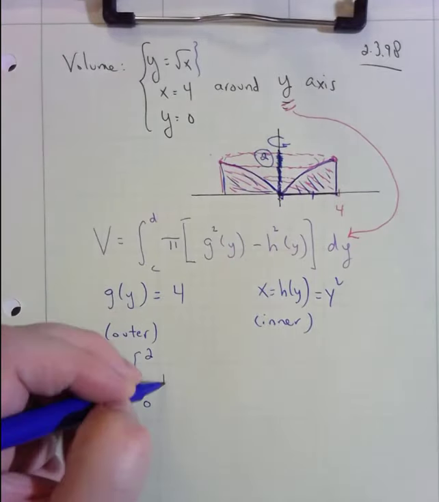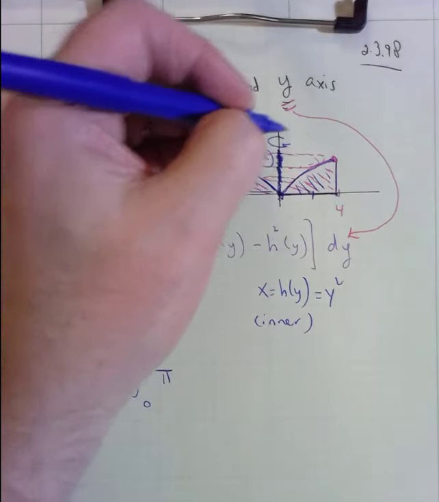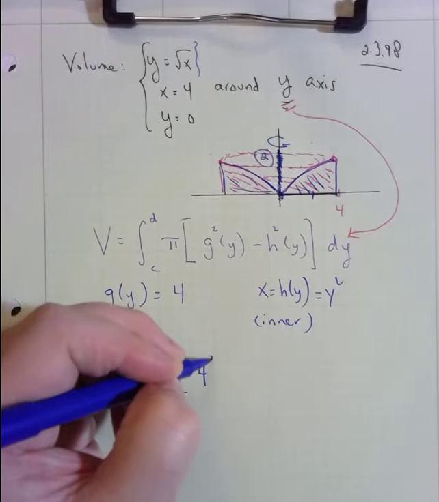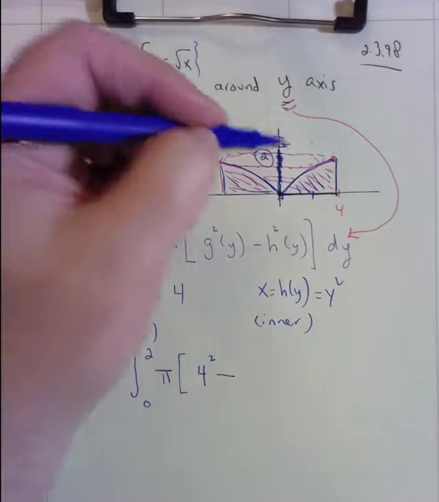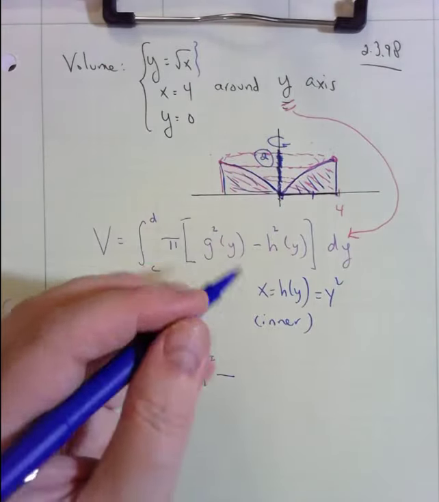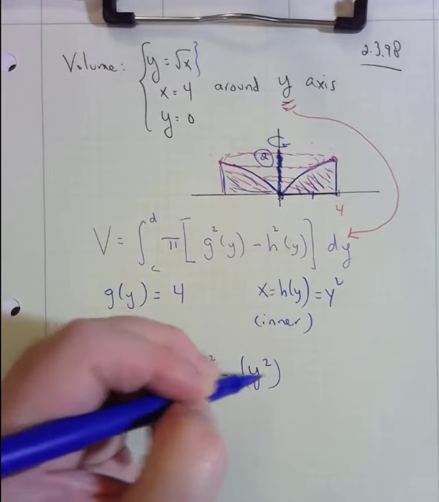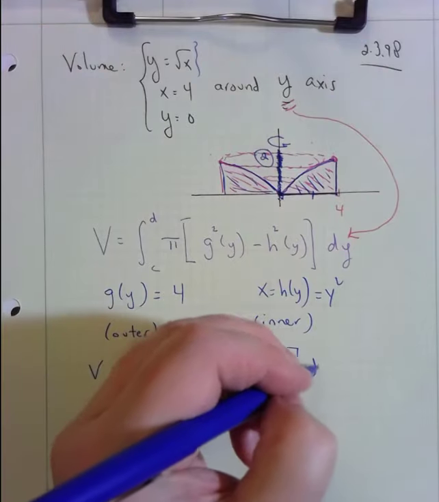We're going to look far out in both directions. What do we see on the outside? Well, we see the function x equals 4. And then we're going to subtract away the inside function, which is the volume generated by the inside function.